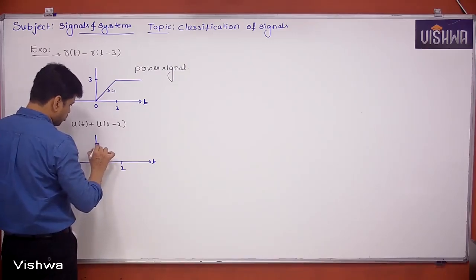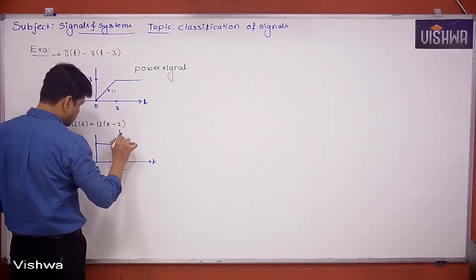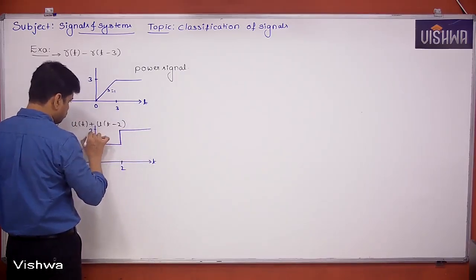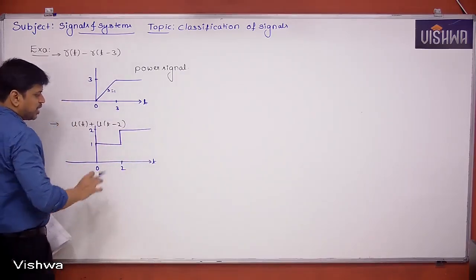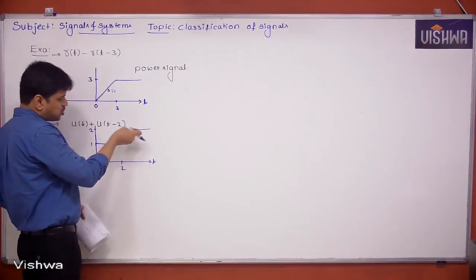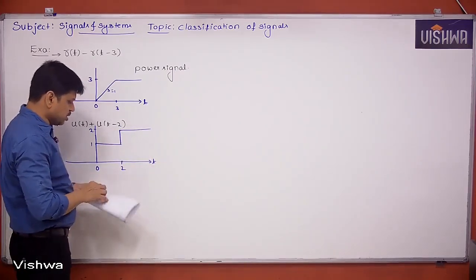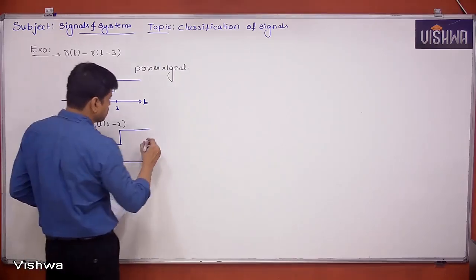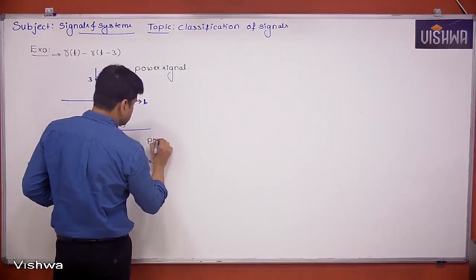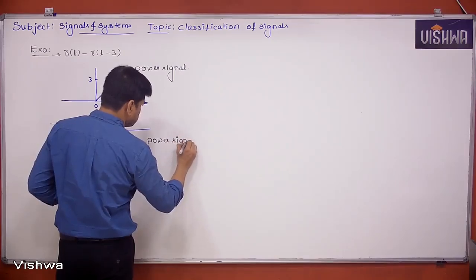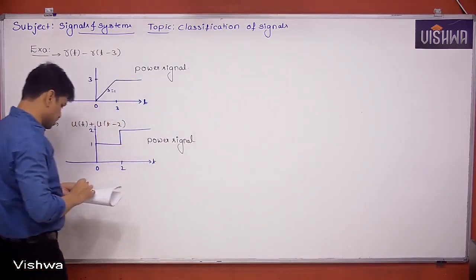After that, it is 1. At 2, its amplitude becomes 2. So this is the waveform. Now if you observe this, again it is an infinite duration signal whose amplitude is constant as t tends to infinity. So again it is a power signal.